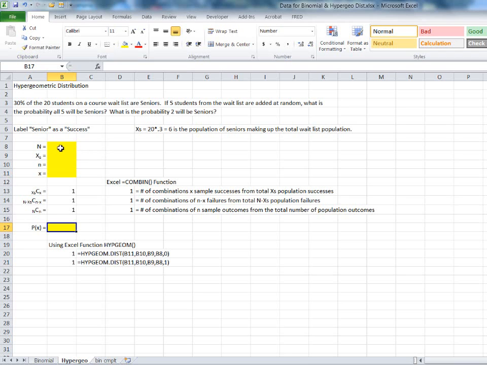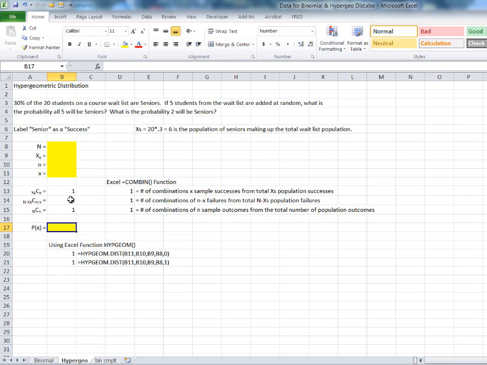So we use the hypergeometric, where we need the number of ways in which the 5 seniors will be chosen out of the 6 seniors that exist on the wait list. Then we need the number of combinations in which 0 non-seniors will be chosen out of the 14 total non-seniors.